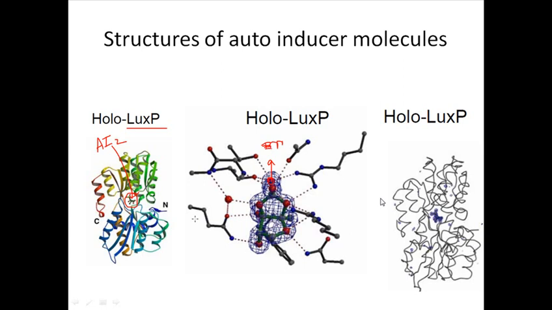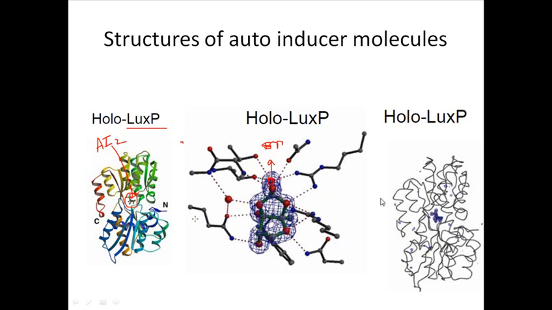The presence of boron is again a thumbs up for the hypothesis of scientists that this kind of autoinducing factor is present in marine water, because Vibrio fischeri and Vibrio harveyi, both types of bacteria, are found vigorously in marine water. And in marine water there are lots of boron atoms, and that boron is engaged to make this ring.